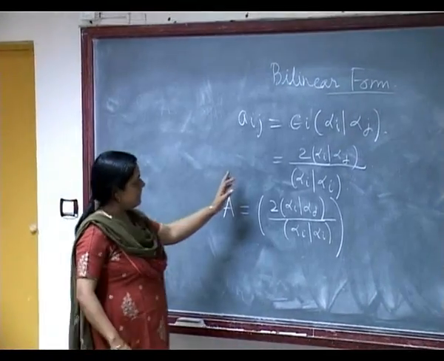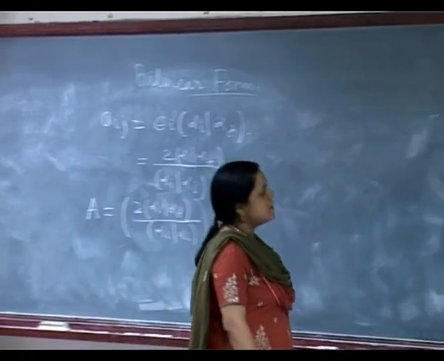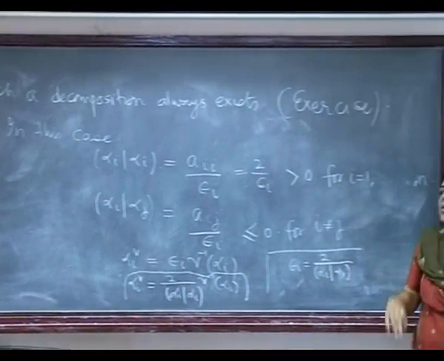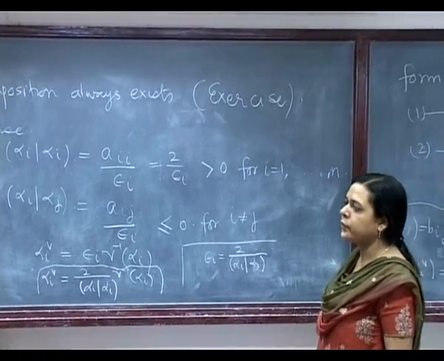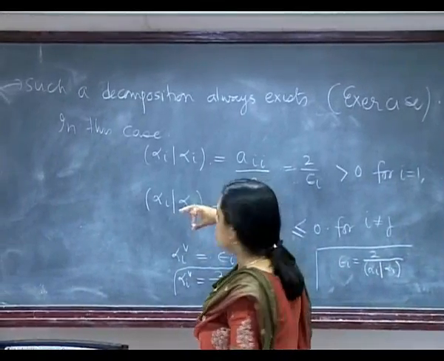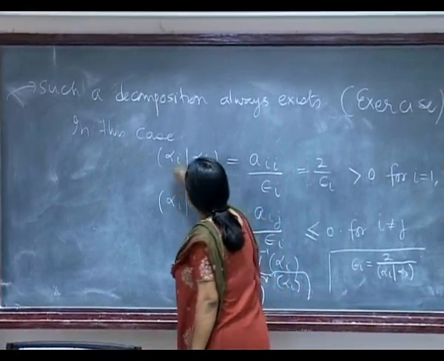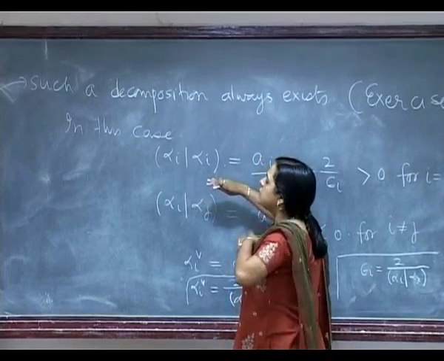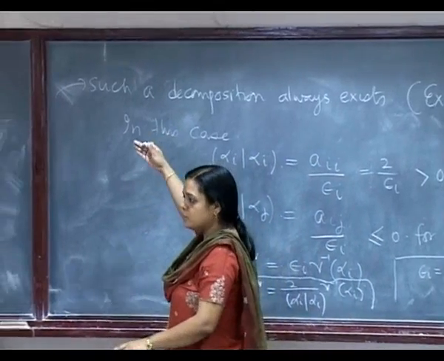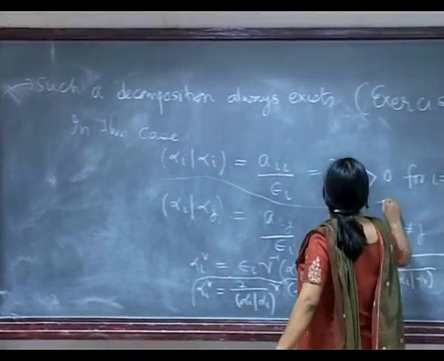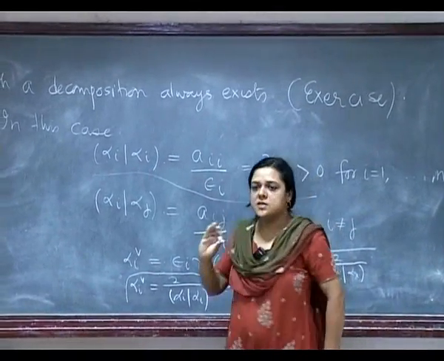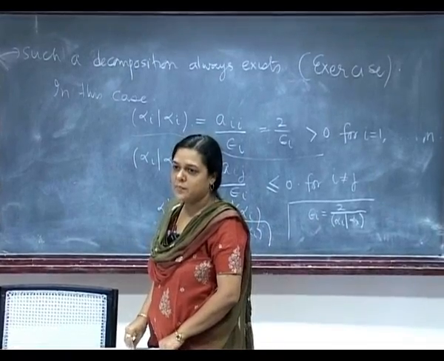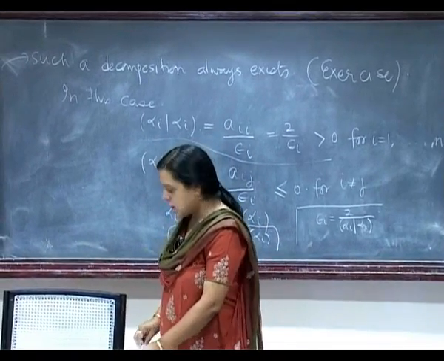And if I put the condition that alpha I is greater than 0, then such a form is called the standard invariant form on the Kac-Moody algebra.